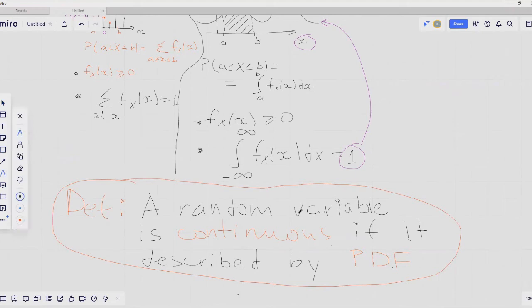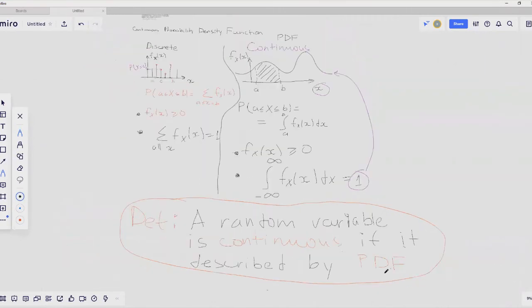So for a random variable to be continuous, it is not enough that it takes on numerical continuous values. It also should be described by a probability density function.